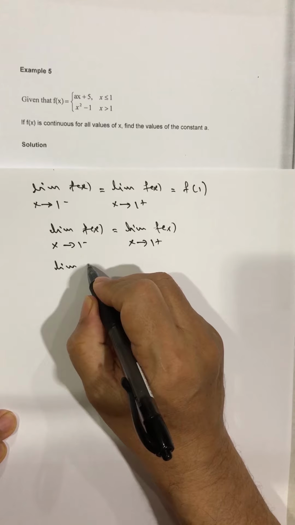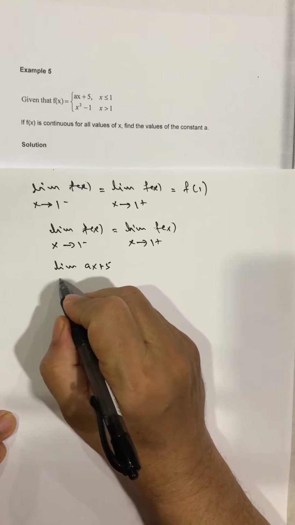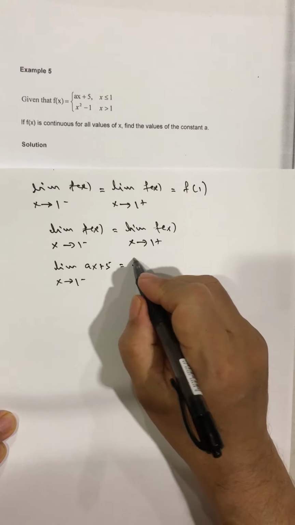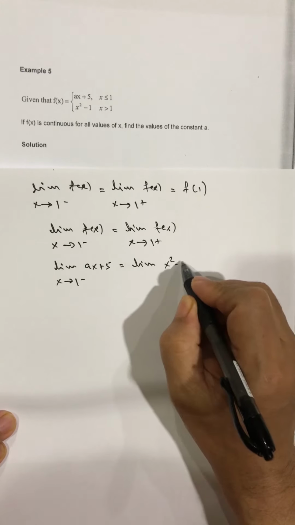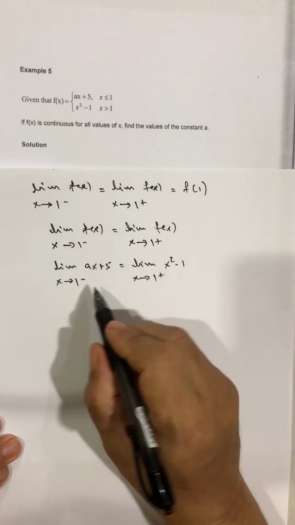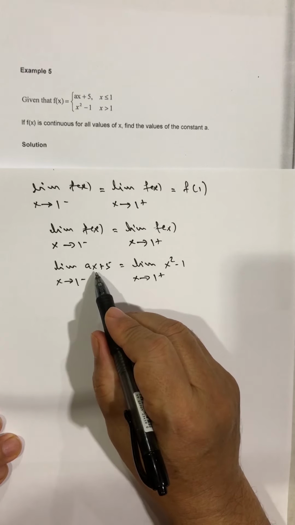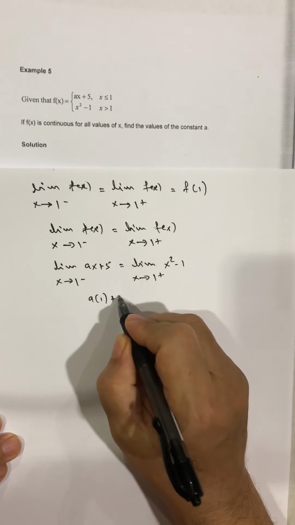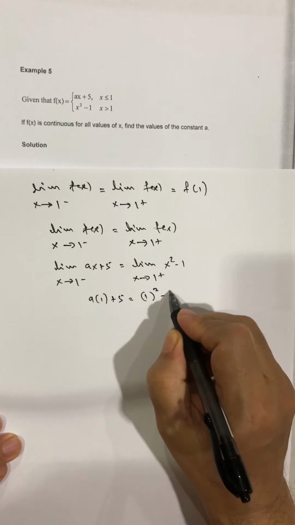So the limit of ax plus 5 as x approaches 1 from the left must be equal to the limit of x squared minus 1 as x approaches 1 from the right. By substituting x equals 1, we have a times 1 plus 5 must be equal to 1 squared minus 1.